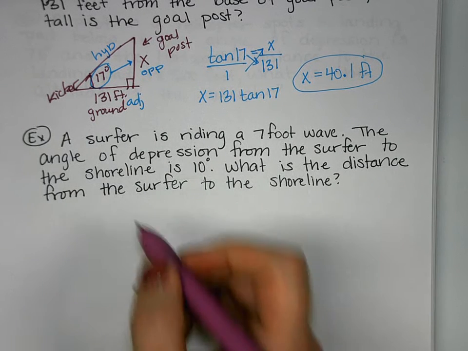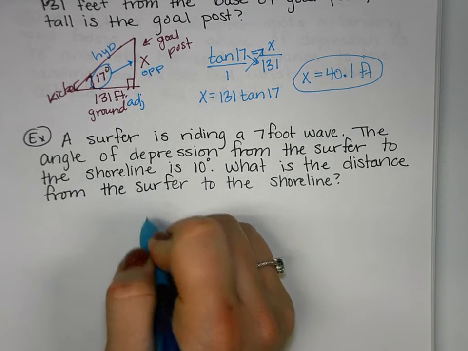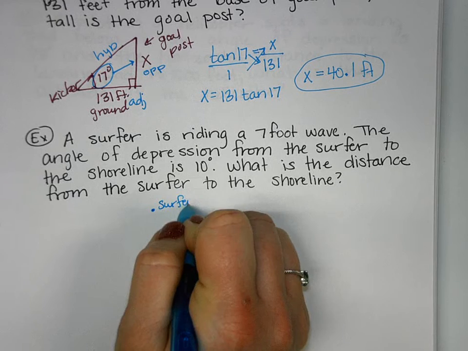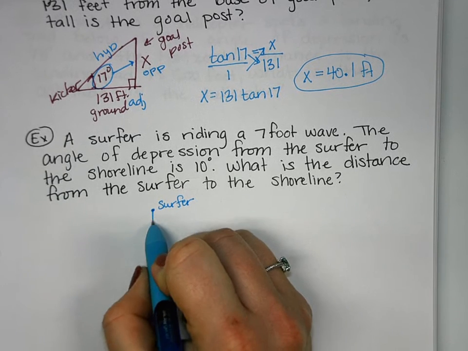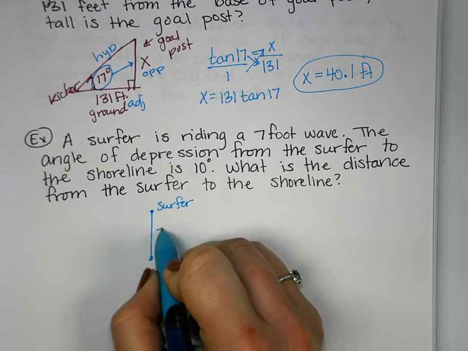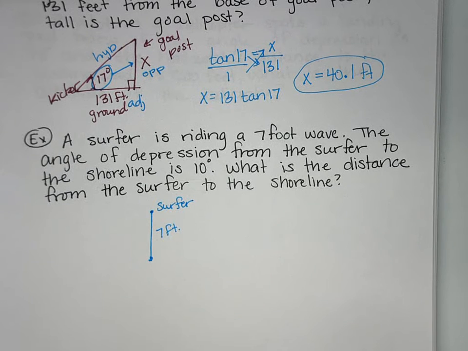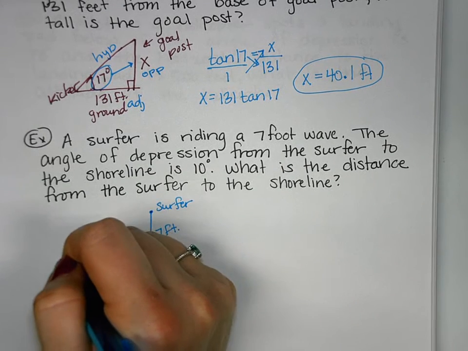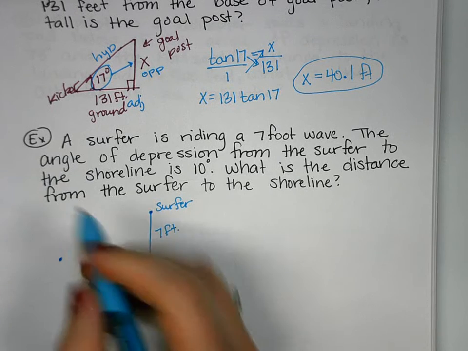Okay, so here, our surfer, we're going to put our surfer up here at the top of the wave. And we know that that wave is 7 feet tall. So the angle of depression from the surfer to the shoreline. So here's my shoreline.